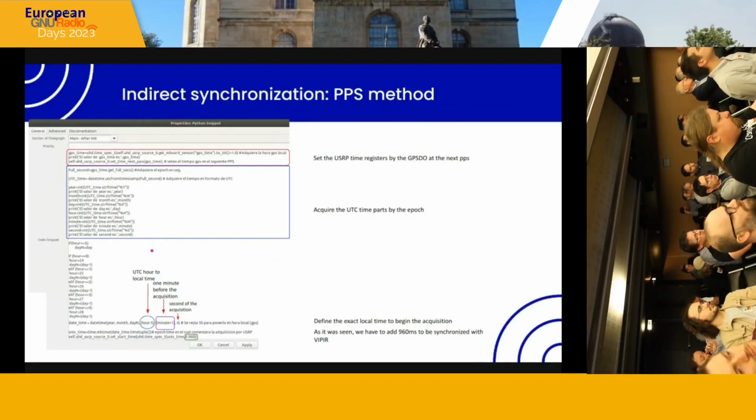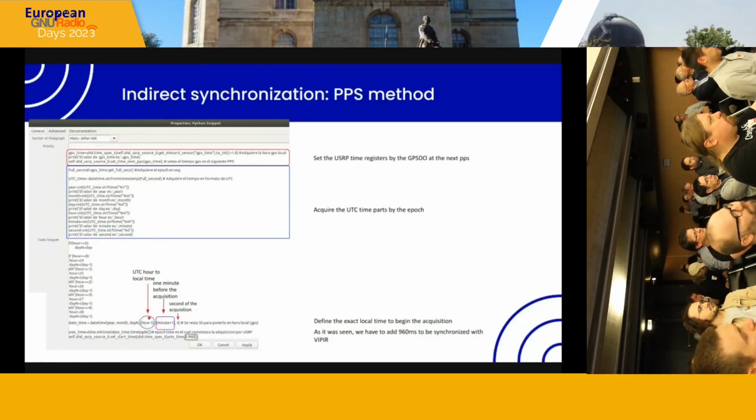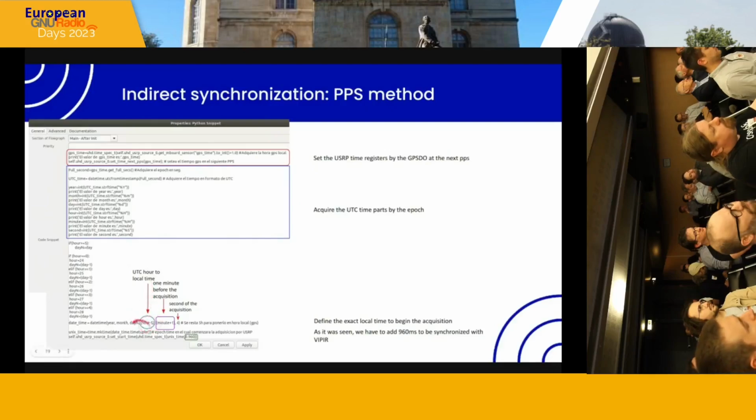Then, to set the start time of reception, we have to set that time in local time. So how did we do that? We got the same year, the same month, but in this part of the country, we are 5 hours behind UTC. So we had to subtract 5 hours.